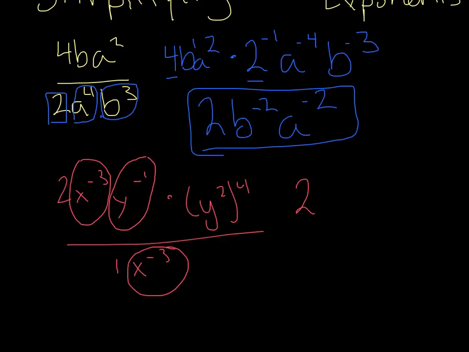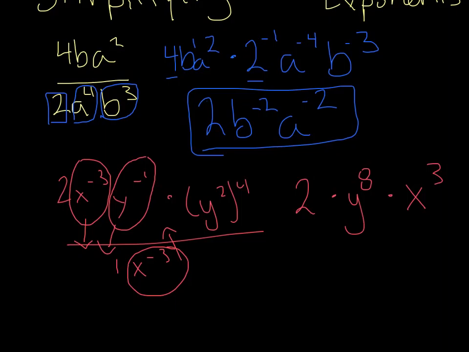But then these x to the negative third is 1 over x to the third. So I'm going to rewrite it in the denominator. I'm going to pull this into the numerator. So I still have the y squared to the fourth would be y to the eighth. And then I have x to the third.